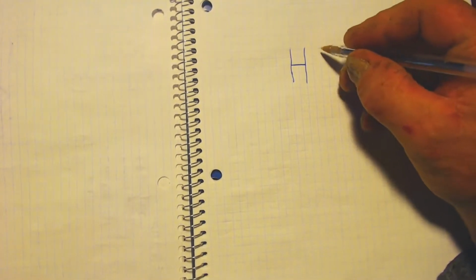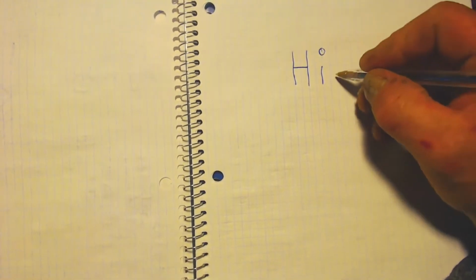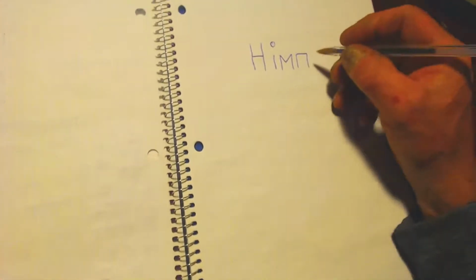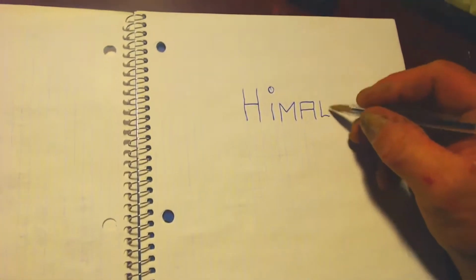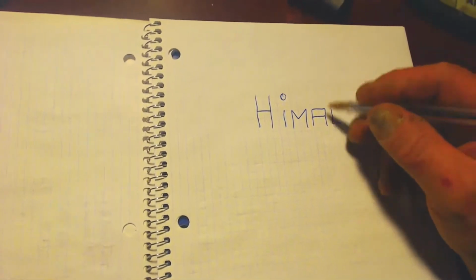So, Himalaya. Even when you design words, even when you write a word, how is that spelled? Is it Himalaya? How did they mark it? You know the L can be used in many ways, right?